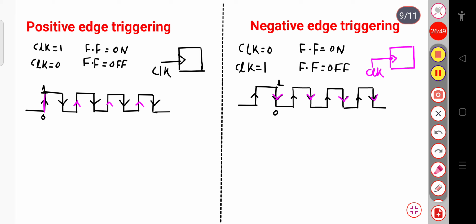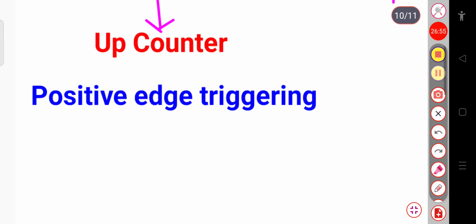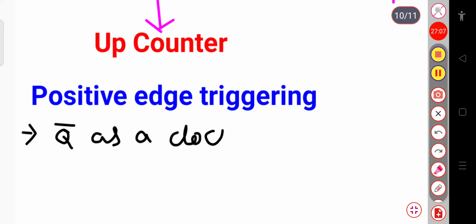If in a positive based triggering flip flop, Q bar is given as a clock pulse, then it is called asynchronous up counter.